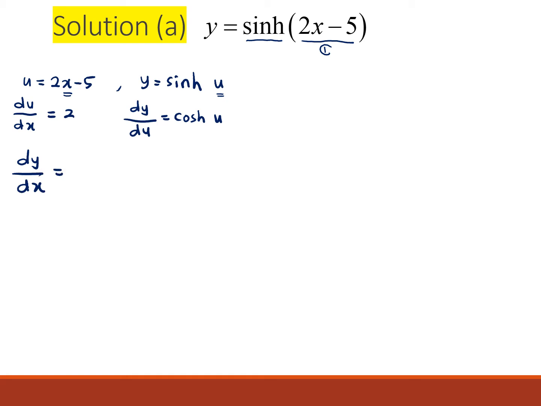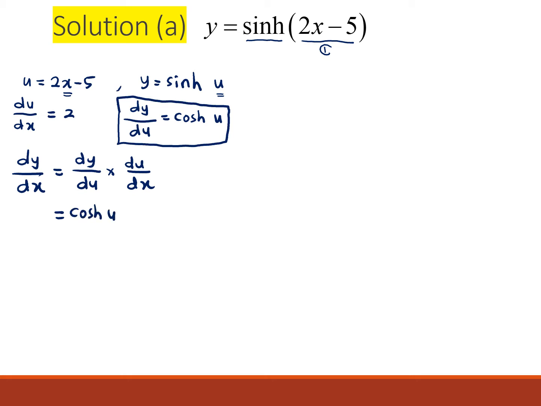By using the chain rule, we know that it is dy over du times du over dx. We have dy over du equal to cos hyperbolic u, so we substitute it into this, times du over dx, which is equal to 2. So we rearrange this, and we get 2 cos hyperbolic of u.